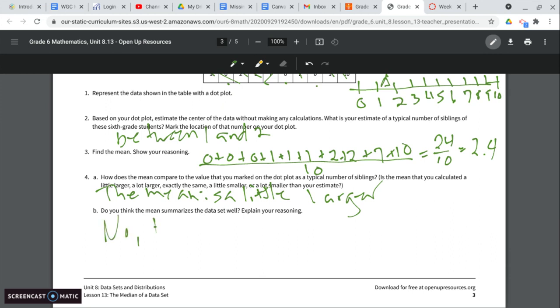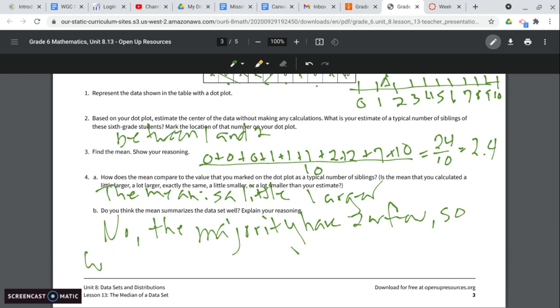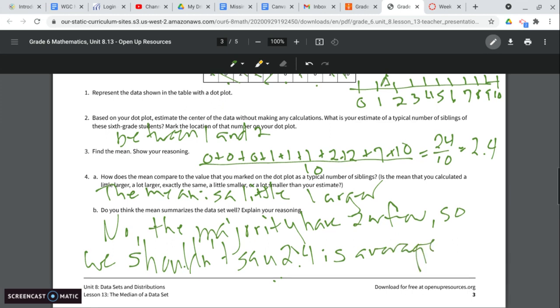No. The majority have 2 or fewer. So we shouldn't say 2.4 is average.